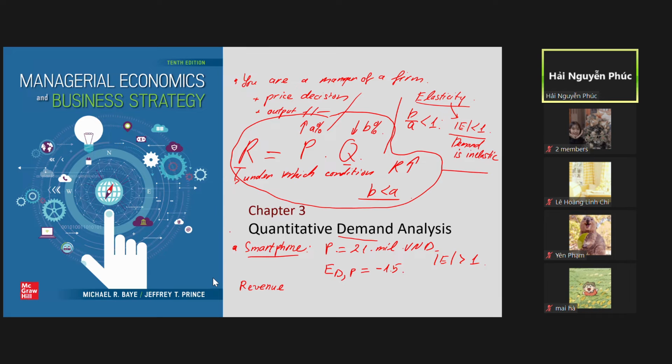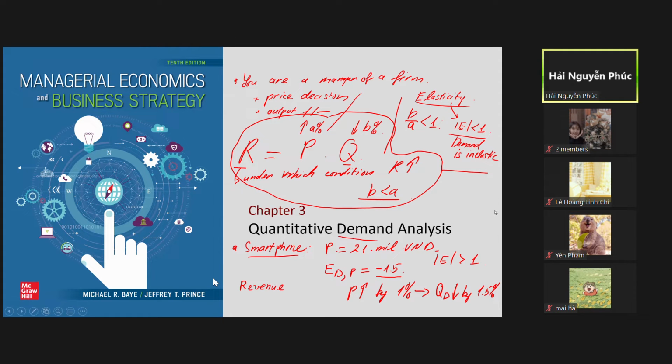Let me once again tell you the meaning of minus 1.5. The number minus 1.5 tells us that if the price increases by 1%, the quantity demanded will decrease by 1.5%. You understand?